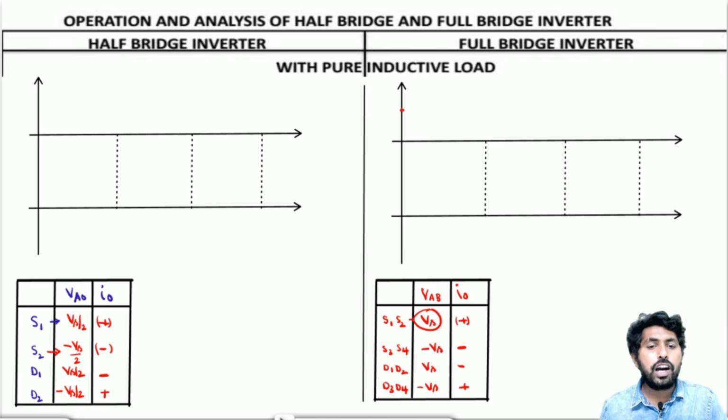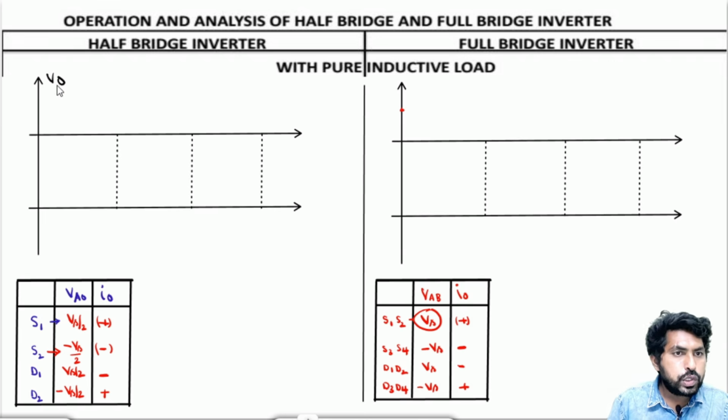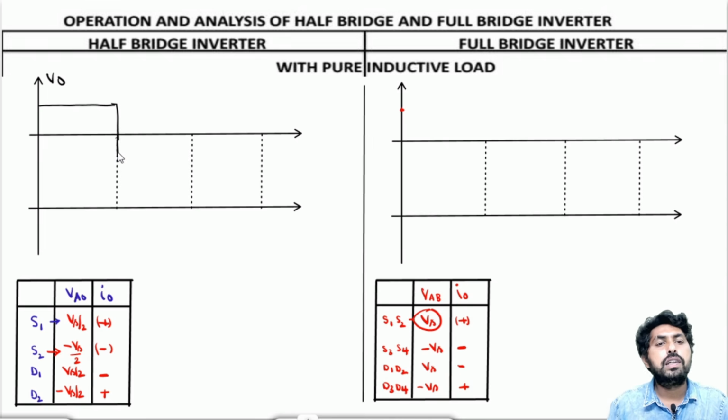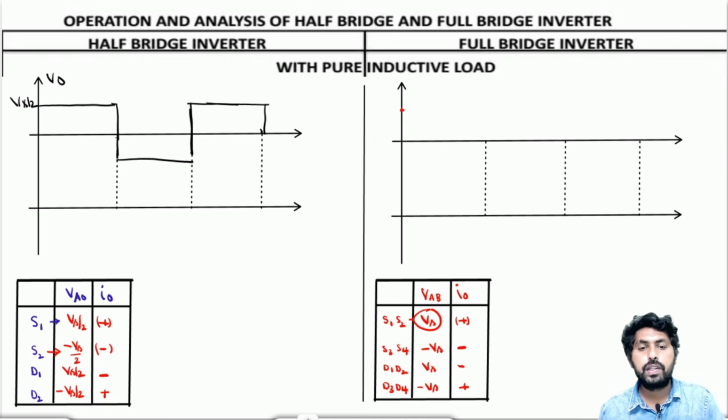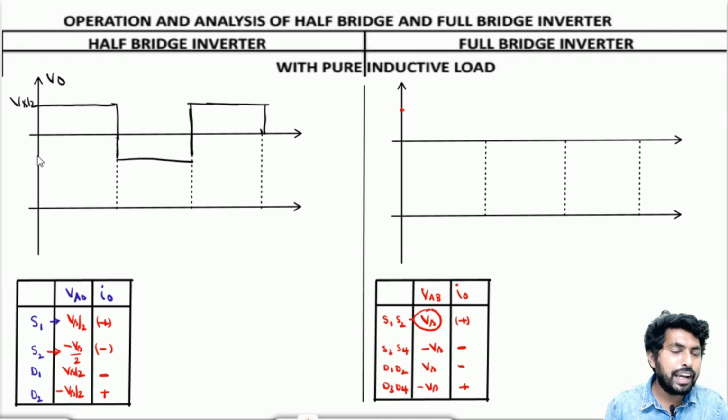So if I draw the output voltage, in case of half bridge inverter it will be like this. The voltage nature will not change, and this magnitude will be Vs by 2. Now let me draw the I0 waveform.